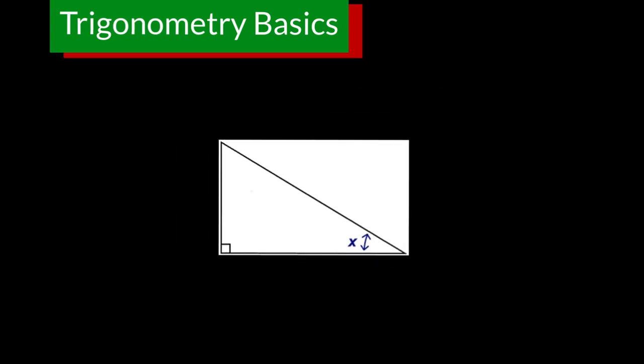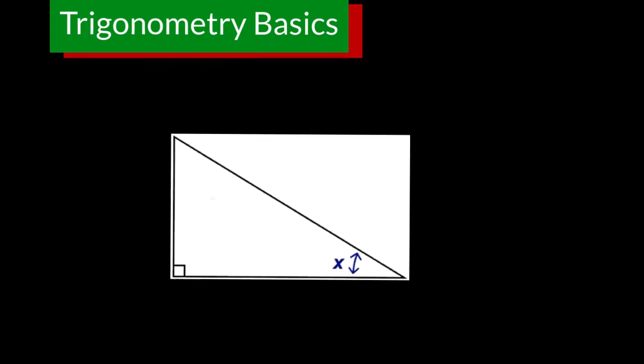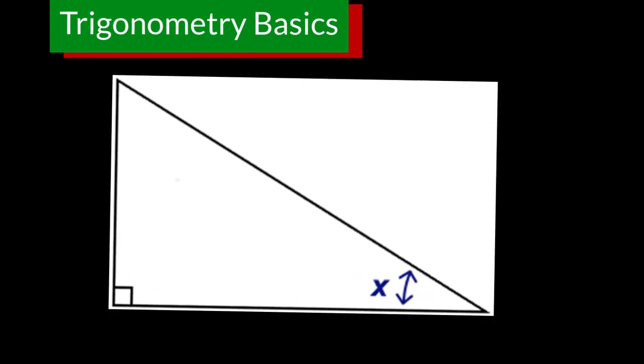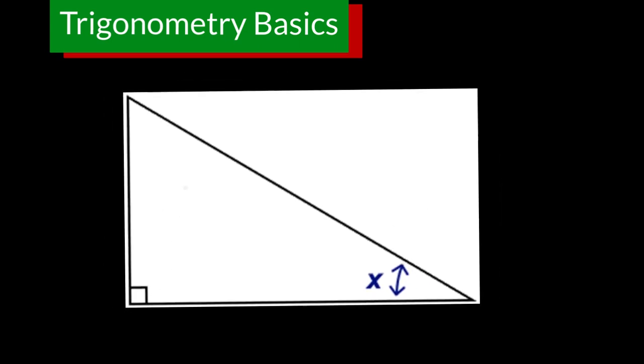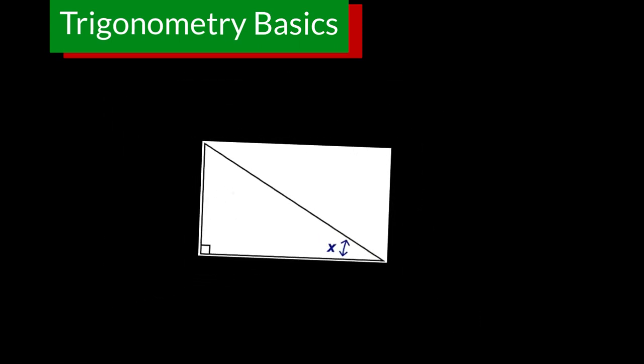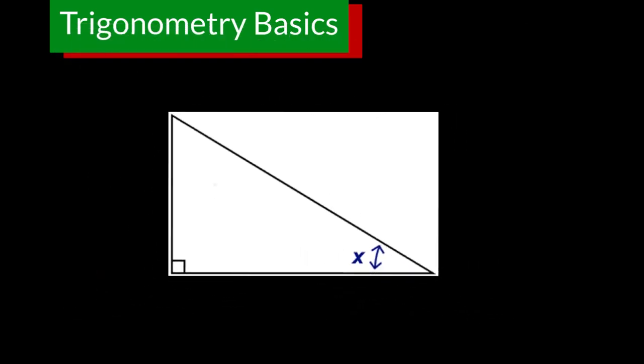And therefore, the ratio between the sides is also going to stay the same. So the sine, cosine, and tangent for this triangle is always going to stay the same, even though the actual length of the sides is different. That's going to be very useful in solving real-world problems in trades like pipe fitting, construction, and so on.